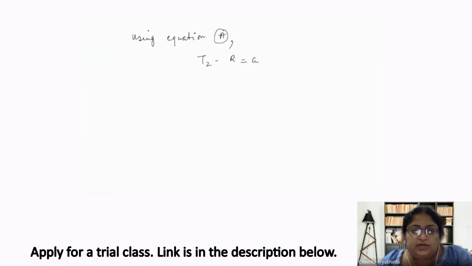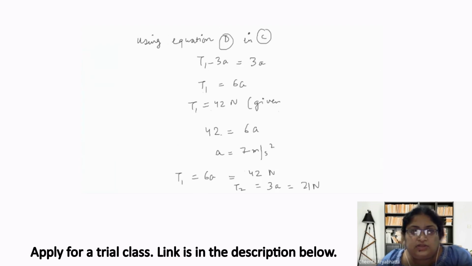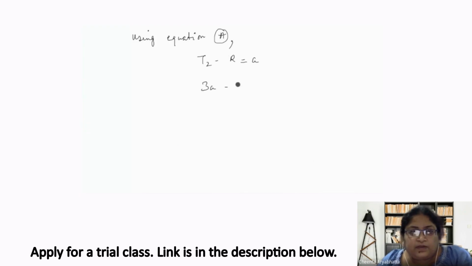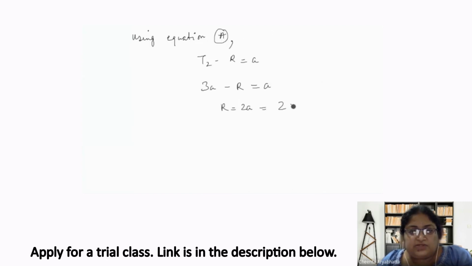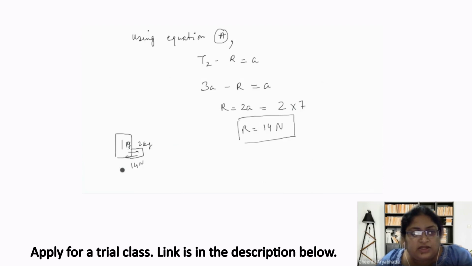So T2 is equal to 3a, minus R equals a. So R will be equal to 2a, and a is equal to 7, so I will substitute its value. So R will be equal to 14 newtons. So the force exerted between the 1 kg mass and the 2 kg mass that was sitting here is 14 newtons, R. Okay. Thank you.